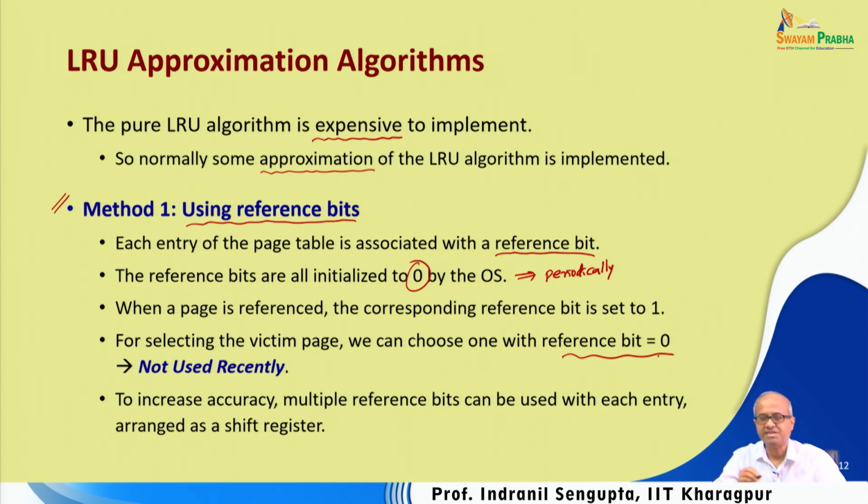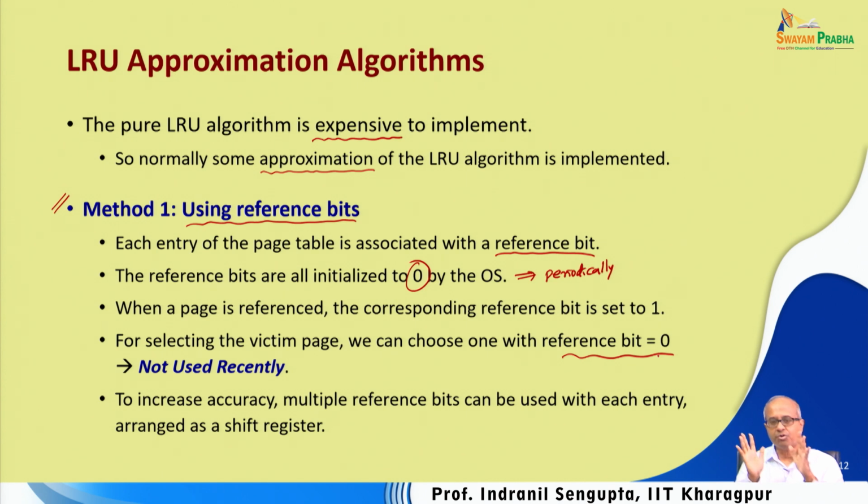See, reference bit 0 does not mean it is the least recently used page, because there can be many pages with reference bit 0. Whichever pages were accessed since the last time have the bit set, but all others contain 0, so you are selecting any one of them.